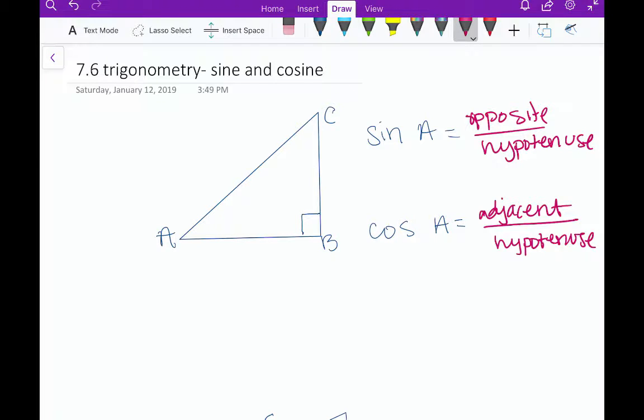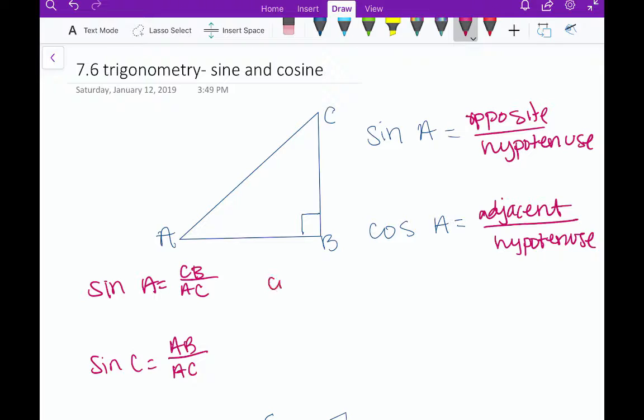So in this specific example, the sine of angle A is going to be equal to CB over AC. The sine of angle C is going to be equal to AB over AC. So notice that they have the same denominator.